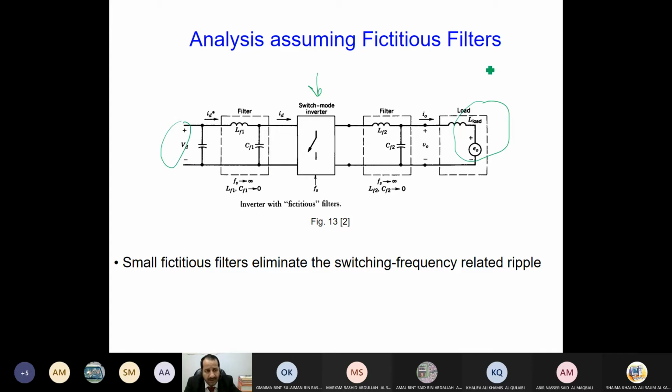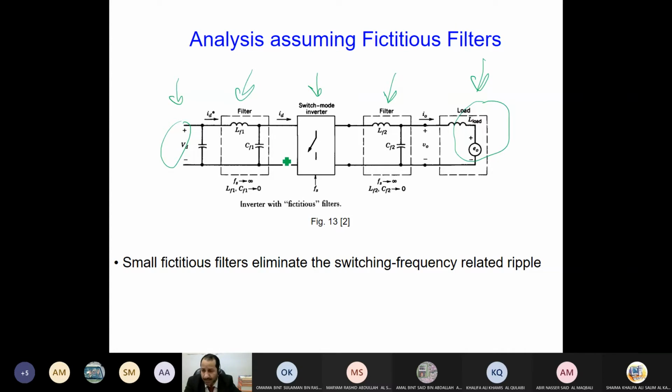Now, harmonics will affect my load and my supply. What should I do? Usually, we use filters to reduce the harmonics. You studied this before. A filter is used to attenuate, mitigate, reduce or cancel the harmonics. So I will put a filter on the output of the inverter and a filter on the input of the inverter.